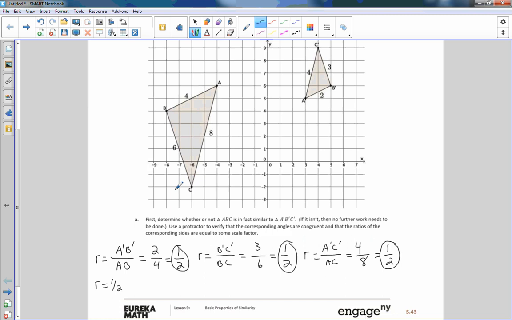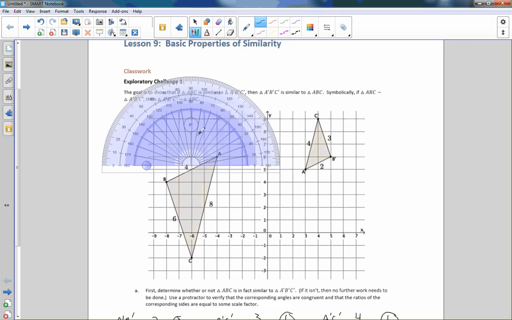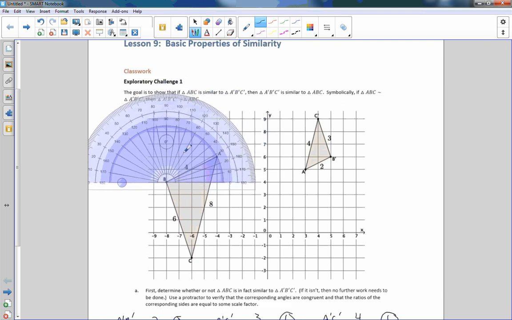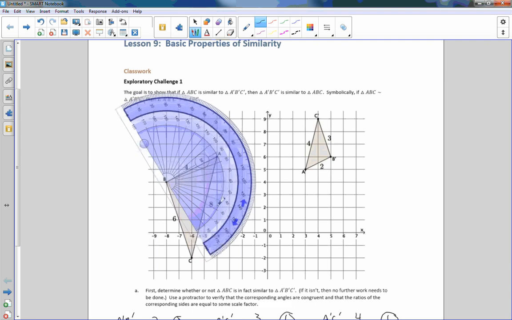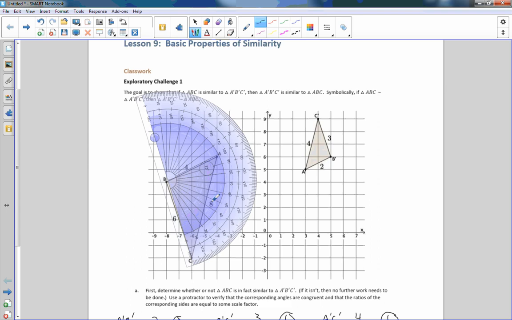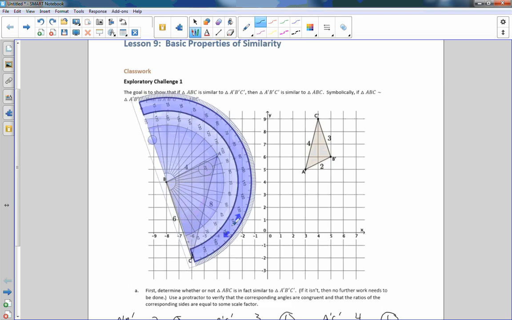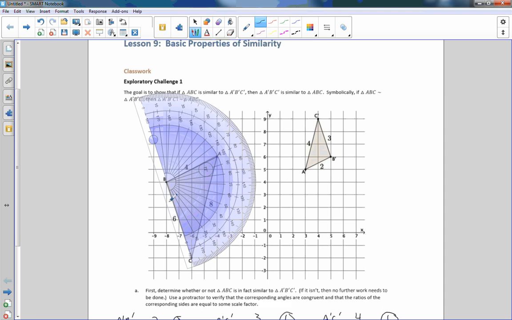Okay, so it also says to take a protractor and use it to measure the angles. Now yours is going to be different than mine because when I scaled that up, down, and then the projector, the program will manipulate this a little bit, so your values may be off a little compared to mine. So I'm going to put my protractor on, right on that line, so I've got 0 lined up.